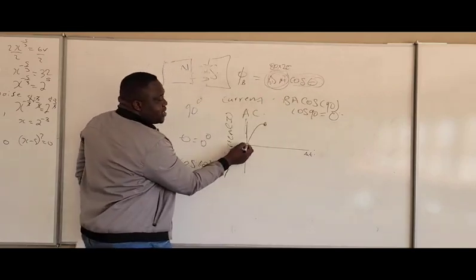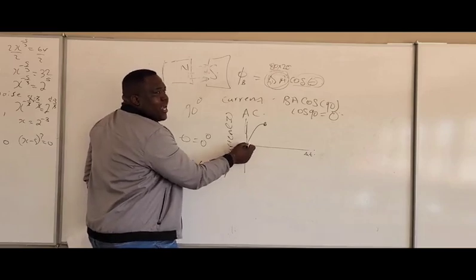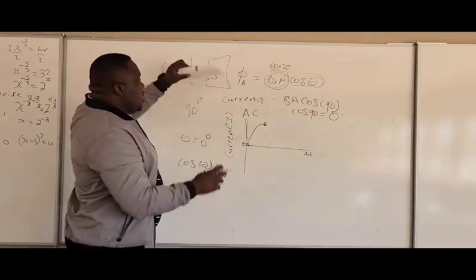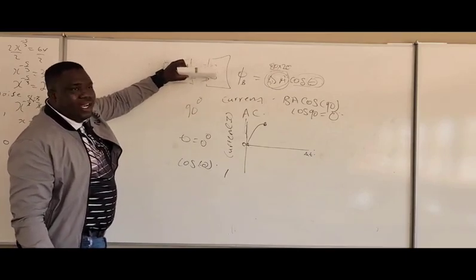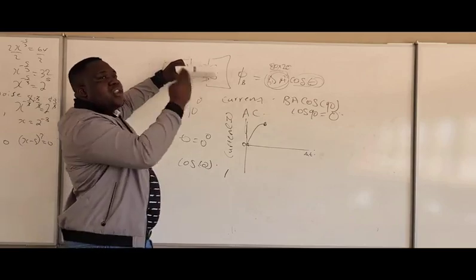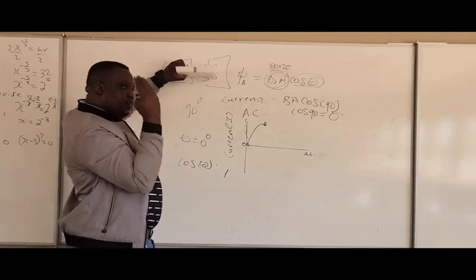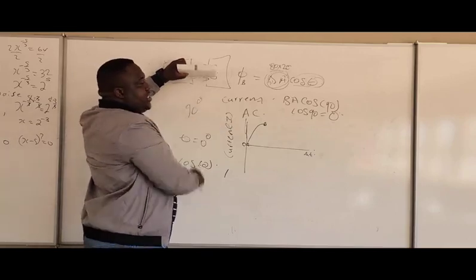At first, why did this start from 0? It's because our theta was 90 degrees. Why 90 degrees? It's because the coil itself was parallel to the magnetic field, and when the coil is parallel to the magnetic field, the normal line of the coil is perpendicular to the magnetic field, which gives us 90, and cos 90 is 0.